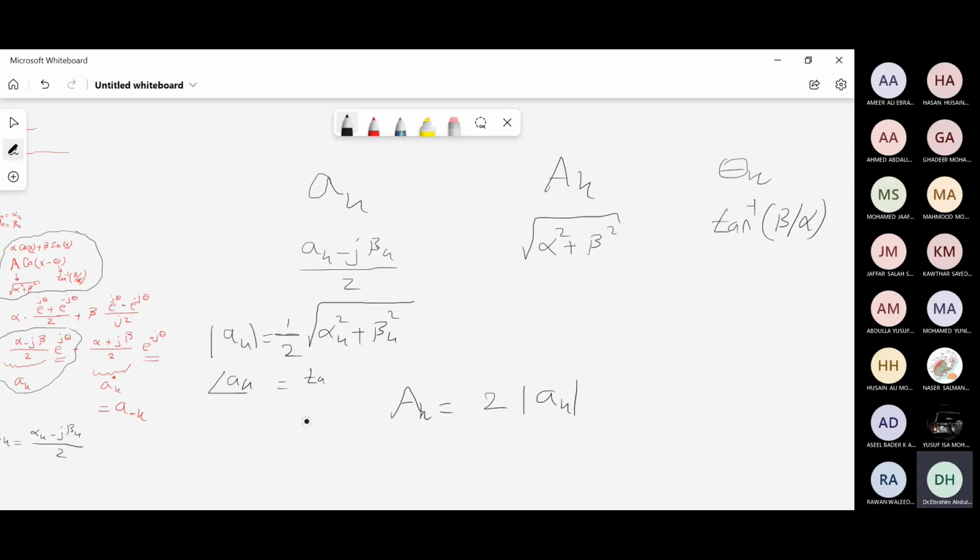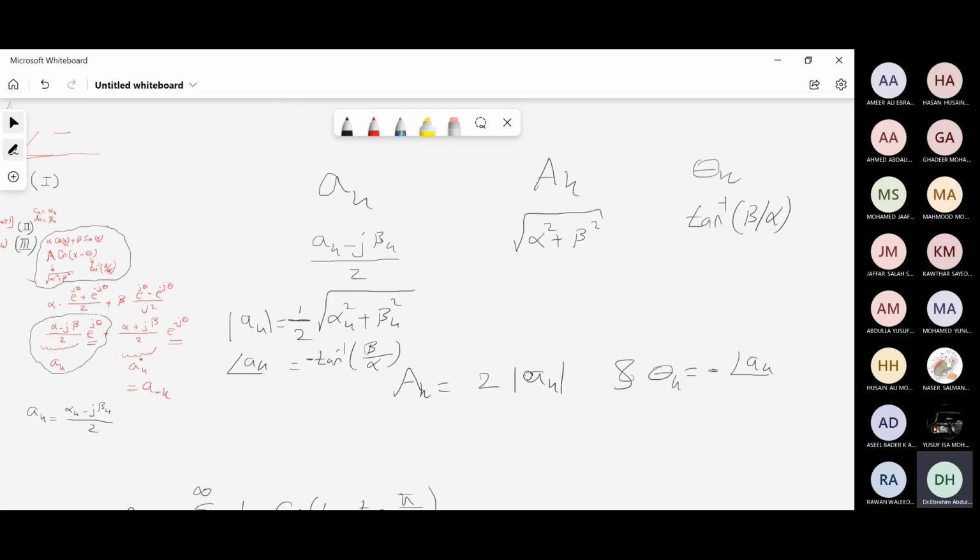It's equal to tan inverse of minus beta divided by alpha. Then it becomes minus. So what is the relation between this and this? It is just minus. So then A_k is equal to 2 times the magnitude, and theta k is equal to minus the angle of a_k.